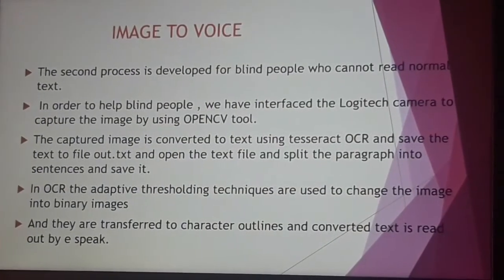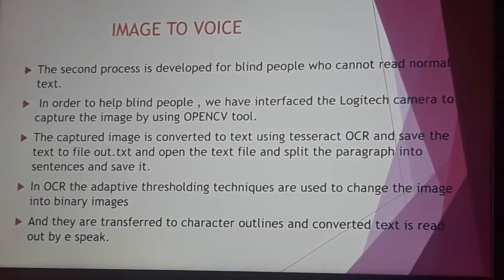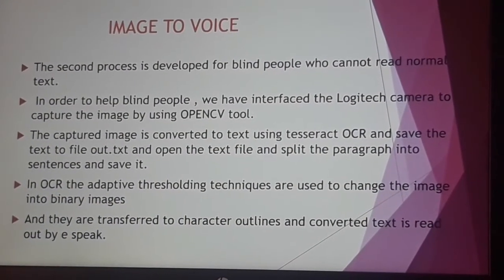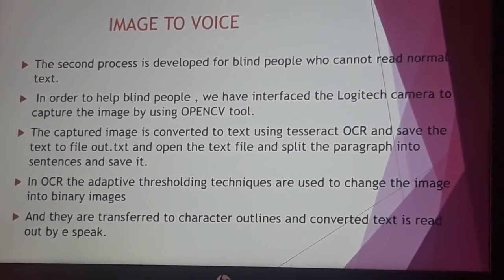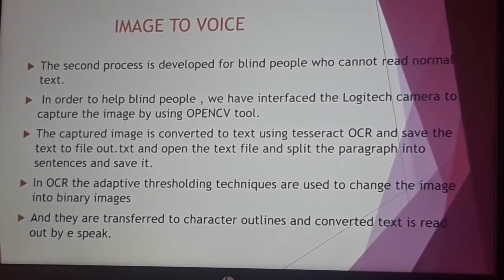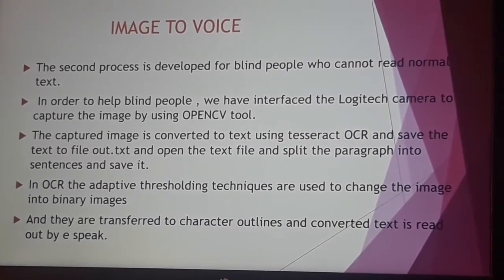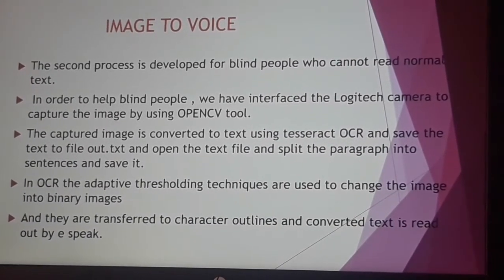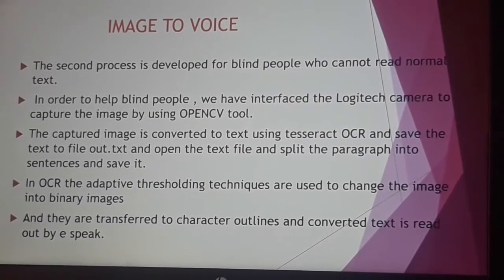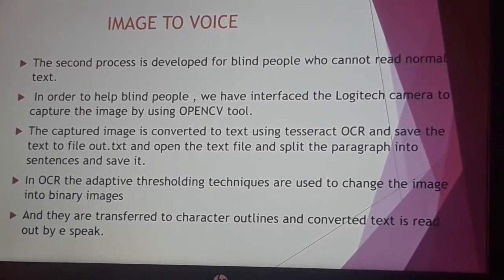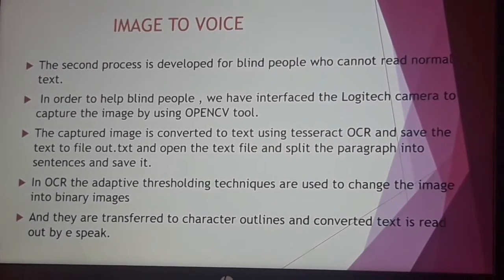The second module is image to voice. The second process is developed for blind people who cannot read normal text. In order to help them, we have interfaced the Logitech camera to capture the image. The picture which is captured is first converted to text.